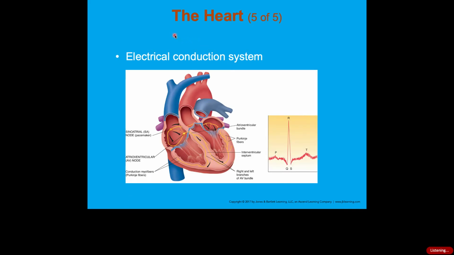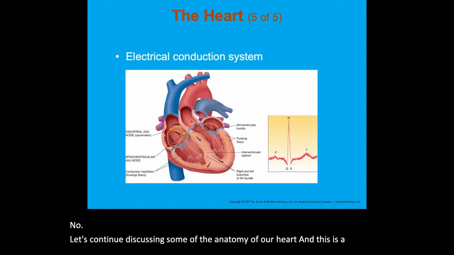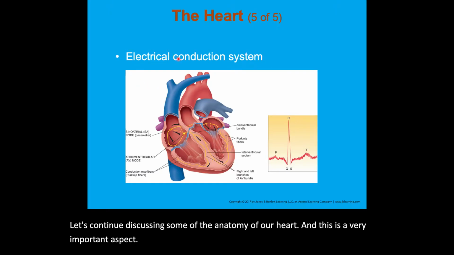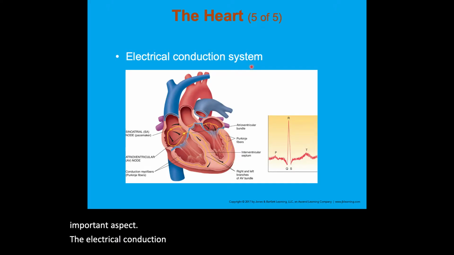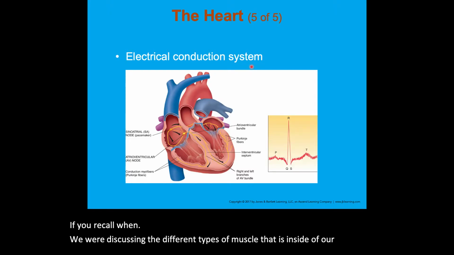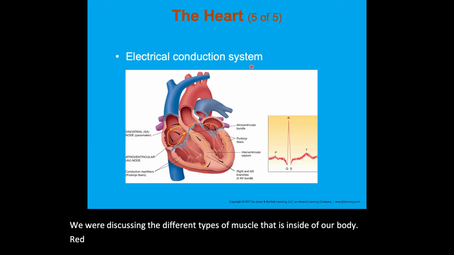Now, let's continue discussing some of the anatomy of our heart. And this is a very important aspect: the electrical conduction system. If you recall when we were discussing the different types of muscle inside of our body, I had mentioned that cardiac muscle is autorhythmic.